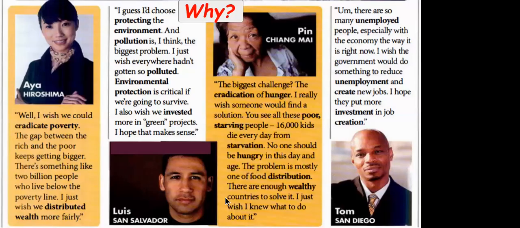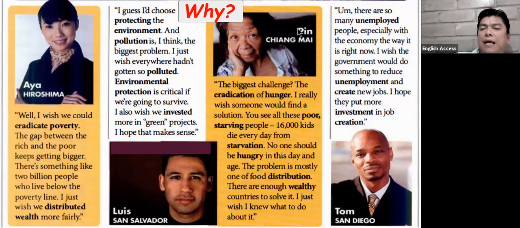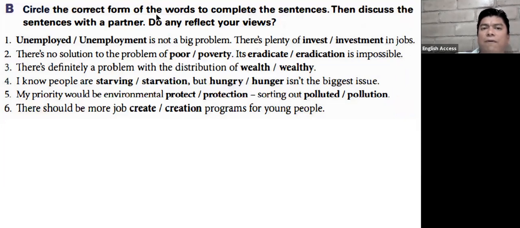Okay, guys, welcome back. Now we're going to work on the next activity. Circle the correct form of the words to complete the sentences. In your book, the next exercise, you will have these sentences with multiple choice.